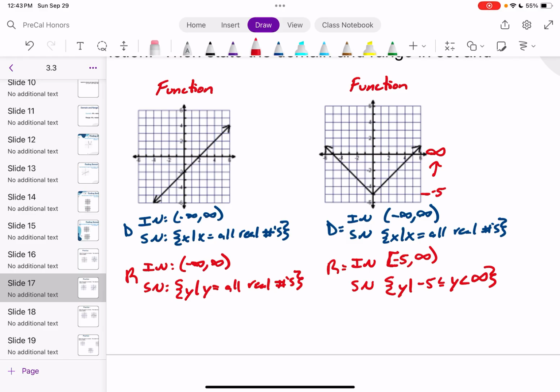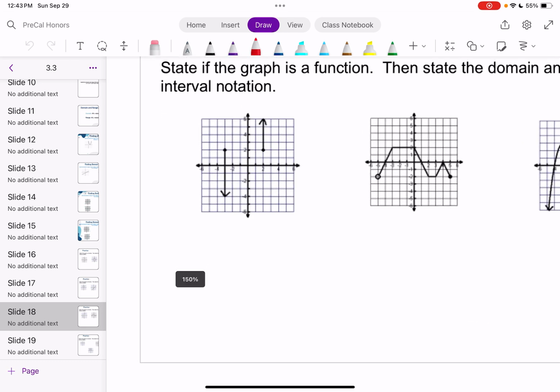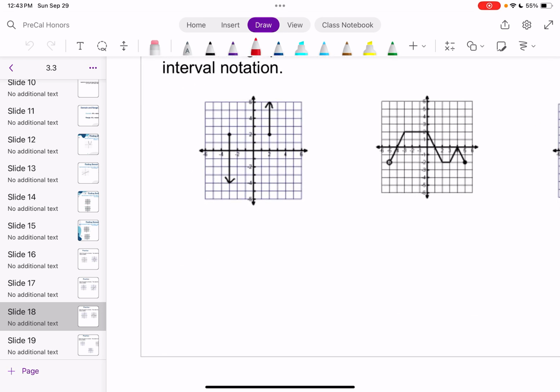Let's go ahead and take a look at slide 18. So, as we run through these problems, we take a look at the domain. In the case of the domain, we can easily see that we have two specific numbers, and that is at -3 and at 2.